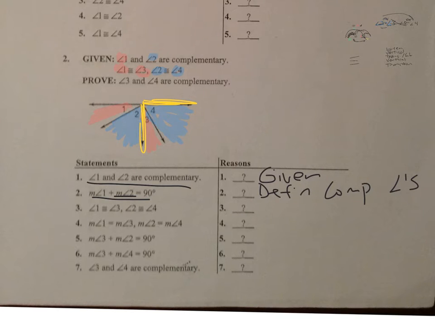All right, now angle 1 is congruent to 3 and 2 is congruent to 4. That's again back from our given. That started out our problem. What did they do? They said the measure of angle 1 is equal to the measure of angle 3, and the measure of angle 2 is equal to the measure of angle 4. Well, that doesn't really say anything different, does it? But what did it do? It changed our congruent sign into an equal sign.